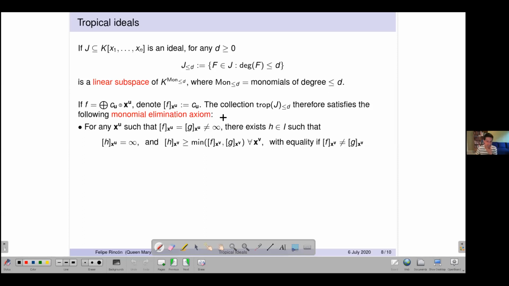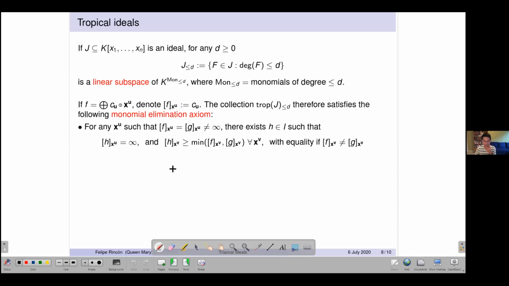So in the tropicalization of your ideal there needs to exist an h where the coefficient of that monomial is infinity, and the coefficients in all the other monomials only increase. Remember, the tropical coefficients are the valuations of the classical coefficients, so when you take differences, the valuation can only increase. And actually, this is an equality if the two valuations were different: when you take the difference, the valuation has to take the minimum.